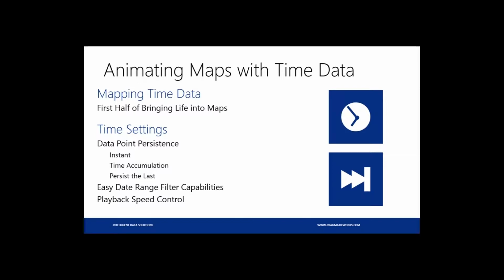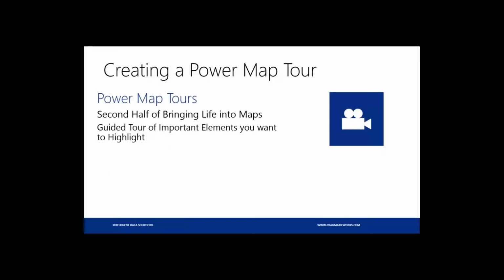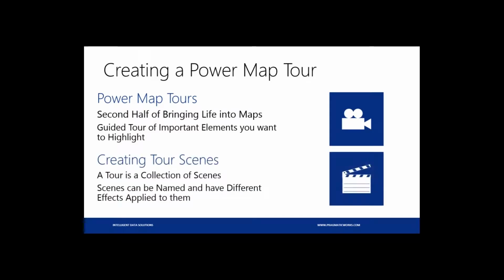All right, last thing here we'll mention, or last couple things we'll mention, is the tours. I mentioned tours earlier are really what you're using to bring together all of the visualizations. A time element, an actual metric that you want to show, and a geographical field are all brought together through a tour. Now, a tour is really just a collection of scenes. You're going to create different scenes, kind of like a movie director, where you'll focus in on certain areas of the map.